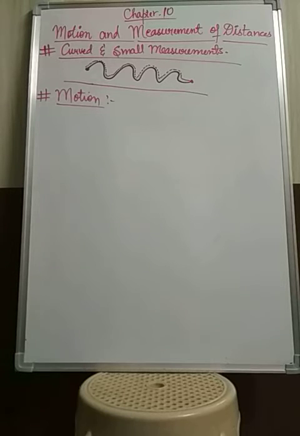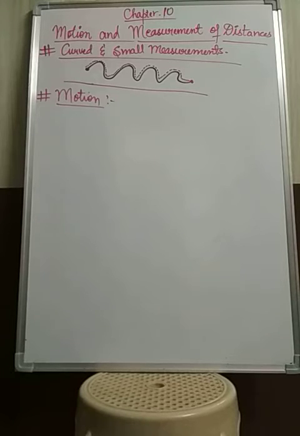Similarly, there are certain objects that move so fast that you cannot see them while moving. That is known as invisible motion. The earth rotating on its axis is also an example of invisible motion, because we are not able to see that the earth is rotating around its axis.